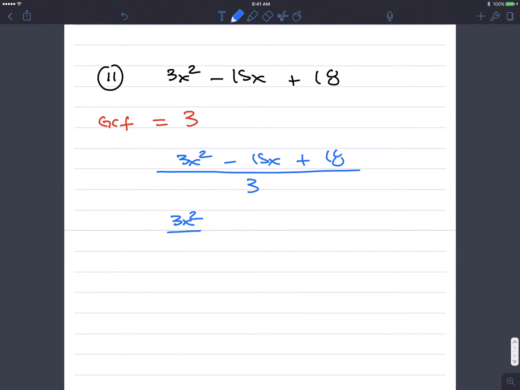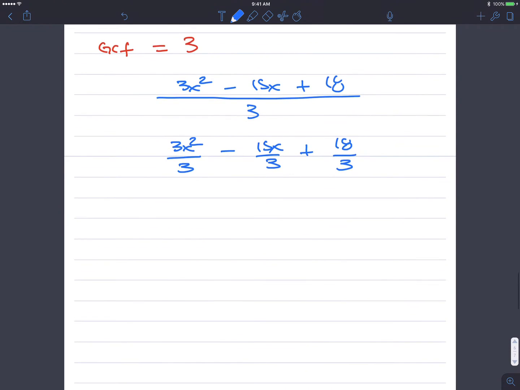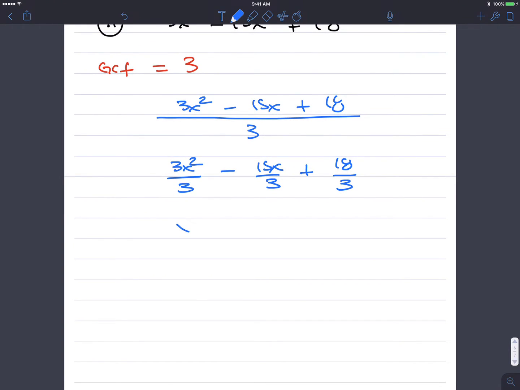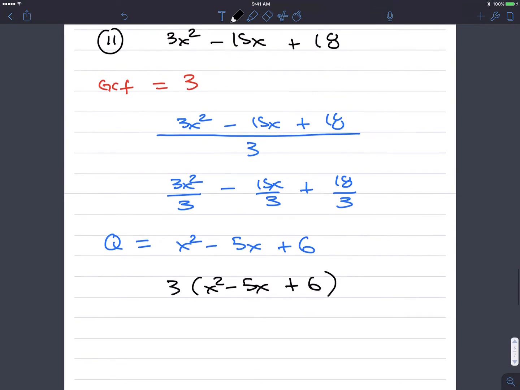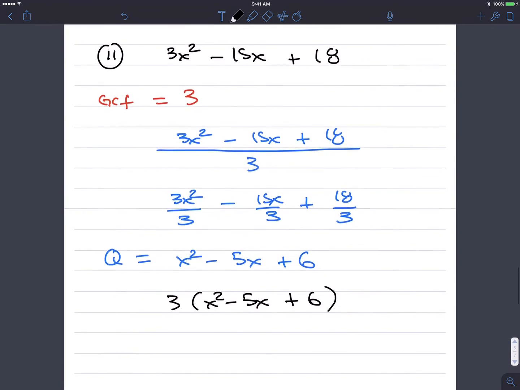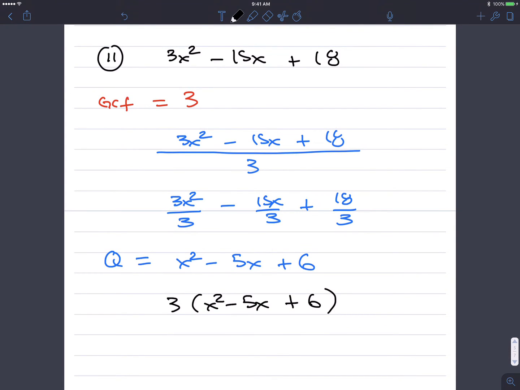I have sum and difference of terms, so I have to divide every one of these by 3. And I get x squared minus 5x plus 6. This is that quotient. So we write this as 3 times x squared minus 5x plus 6. So this is what we get if we factor out the greatest common factor.